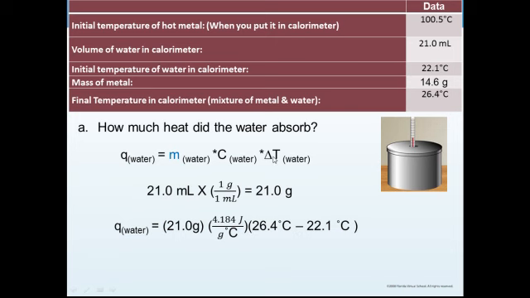Your delta temperature means final temperature minus initial temperature. 26.4 degrees Celsius minus 22.1 degrees Celsius. And multiply that, you will get a final answer of 378 joules. You'll notice that your grams will cancel, your degrees Celsius will cancel. So the water absorbed 378 joules of energy.